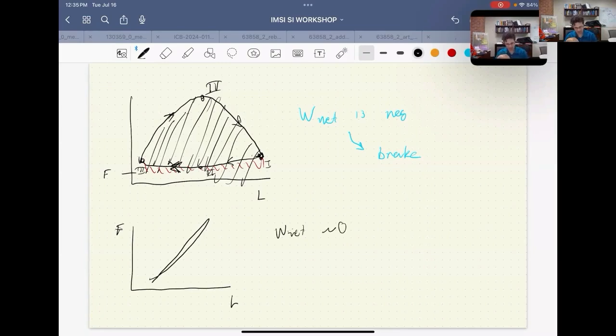But this muscle is actually acting a lot like a spring. If you notice, the force is approximately equal to a constant times the change in length, and that's going to be equal to minus k delta x, and that's Hooke's law. That's the law for a linear spring. So you can have a spring-like muscle that does 0 net work.